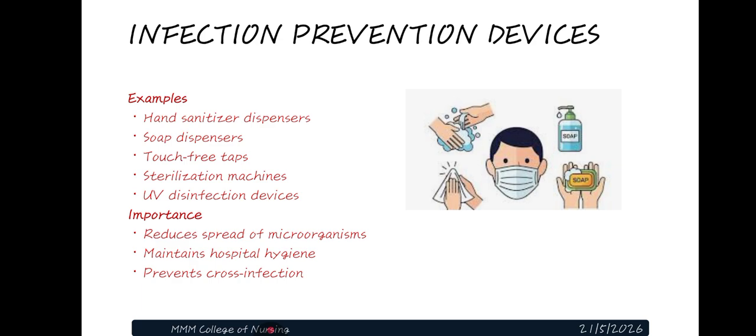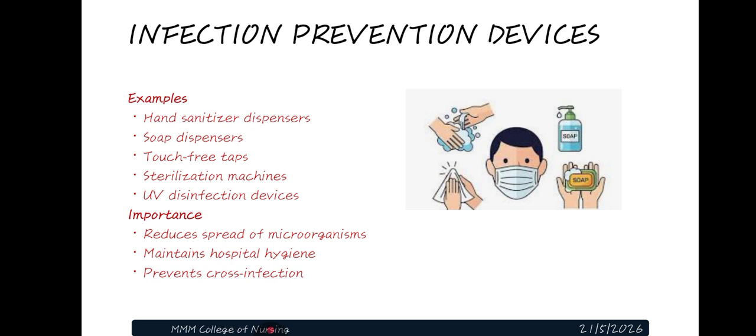Coming to infection prevention devices, the examples are hand sanitizer dispensers, soap dispensers, touch-free taps, sterilization machines, UV disinfection devices. The importance: reduce spread of microorganisms, maintain hospital hygiene, prevent cross infections.